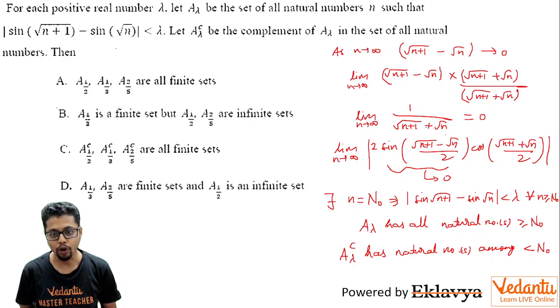That means the complement set would have elements from the set of natural numbers less than n naught only.